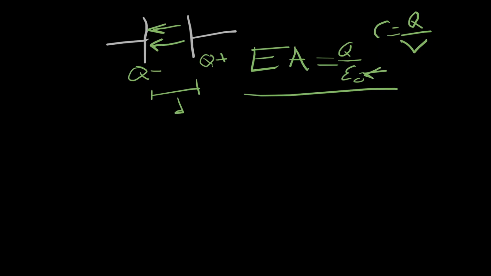In this example, it's just empty space, which makes it a constant. We're going to start by finding the electric field. So the electric field is equal to Q divided by the area times our permittivity constant. We know the area as base times height of the plate, the permittivity is just a constant, and we have Q.